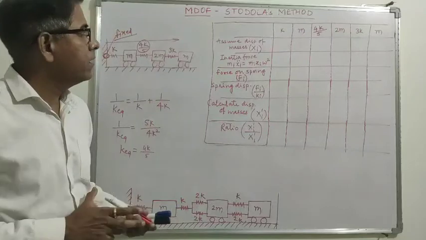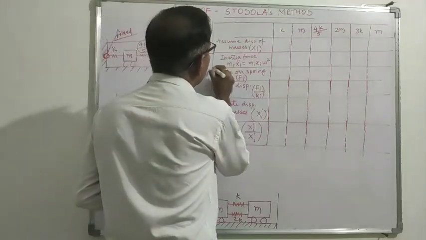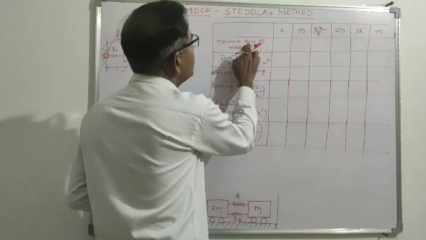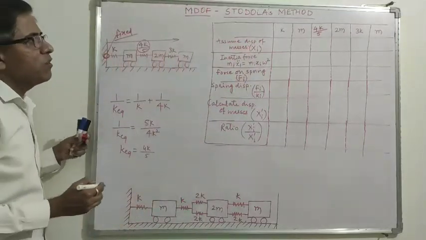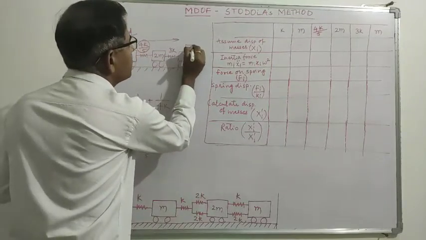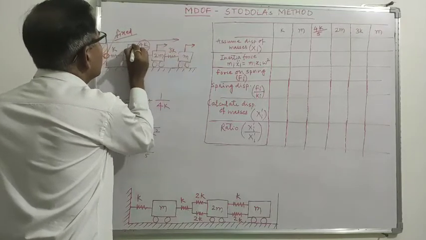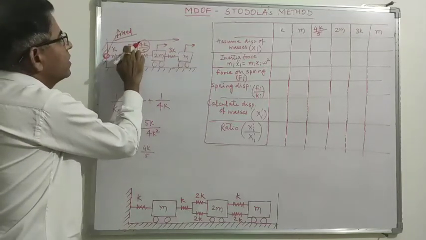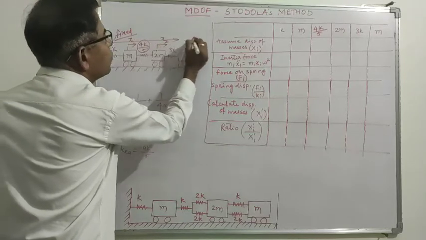Now the first step of the Stodola method is to assume the displacement of masses. Assume the displacement of masses as 1. So there are 3 displacements, x1, x2, x3.